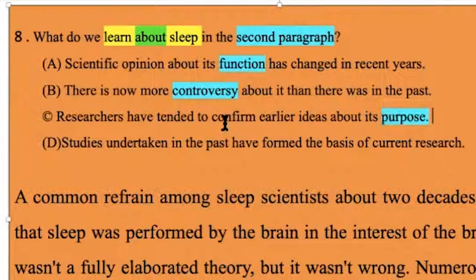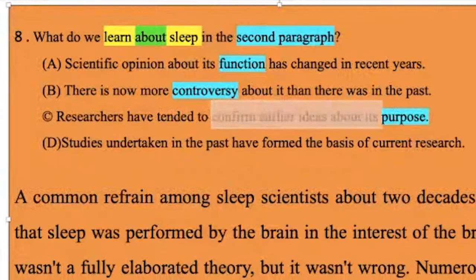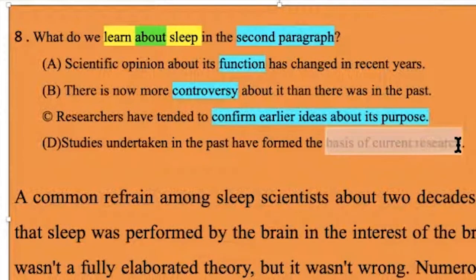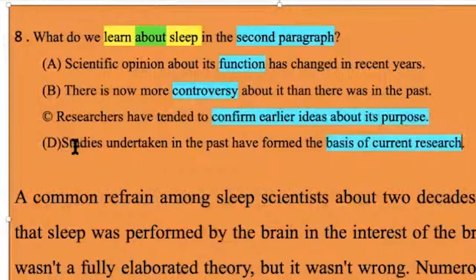Or you can also say confirm earlier ideas about purpose. Purpose is also clear. Next one, current research, basis. Studies undertaken, basis of current research, because it says studies undertaken in the past, right?